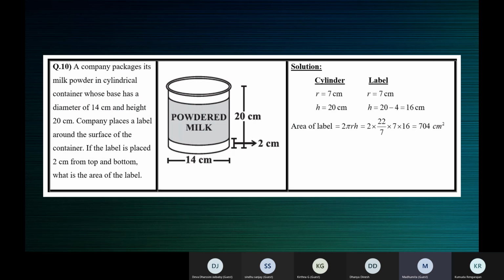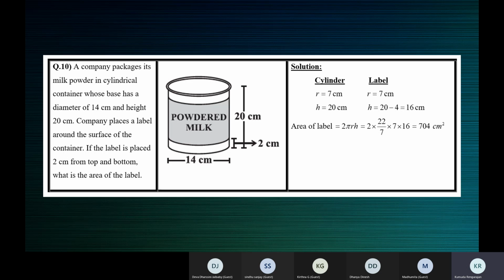Ma'am, we can also do it like length into breadth, no, ma'am? 16 into 14? No, 14 is only the diameter. The length of the label is not 14. The length of the label will not be equal to the diameter of the cylinder.